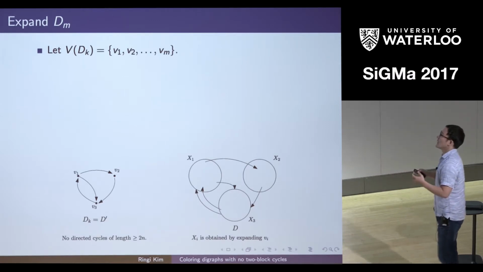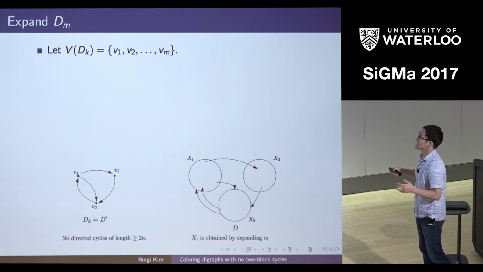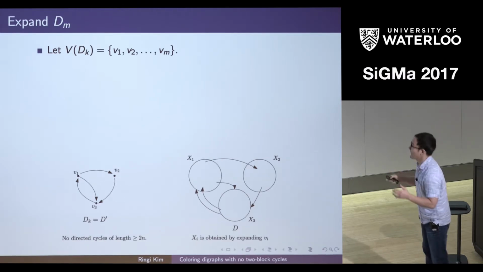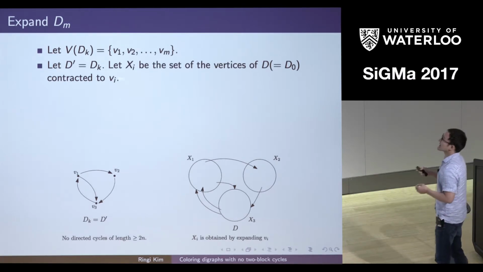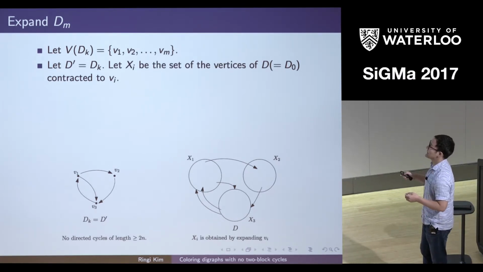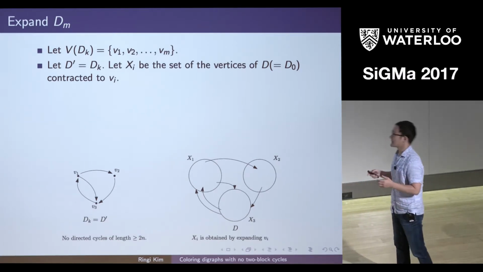So if we expand each vertex, we can go back to D, okay, and let Xi be the set of vertices obtained by expanding Vi.